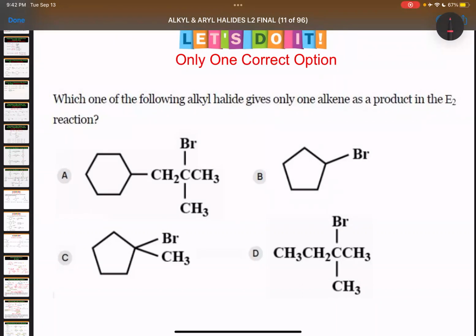What's going to be the answer? What are you thinking, tell me. Only one alkene. Suppose someone asks you possible alkene, then you will just see wherever one alkene is possible.